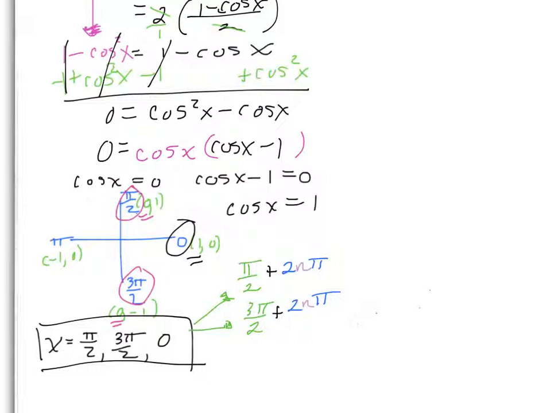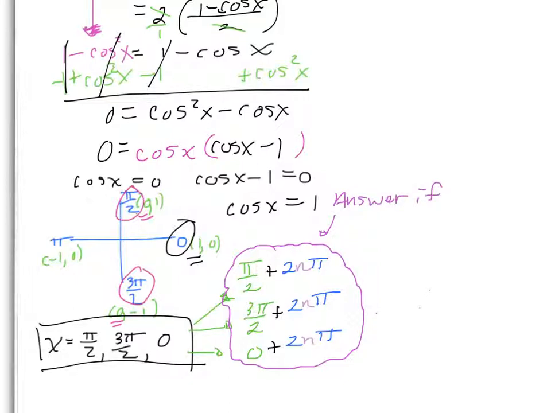And then also with 0, my last answer choice, I would again want to add a 2n pi to that as well. So this right here would be your answer choice.